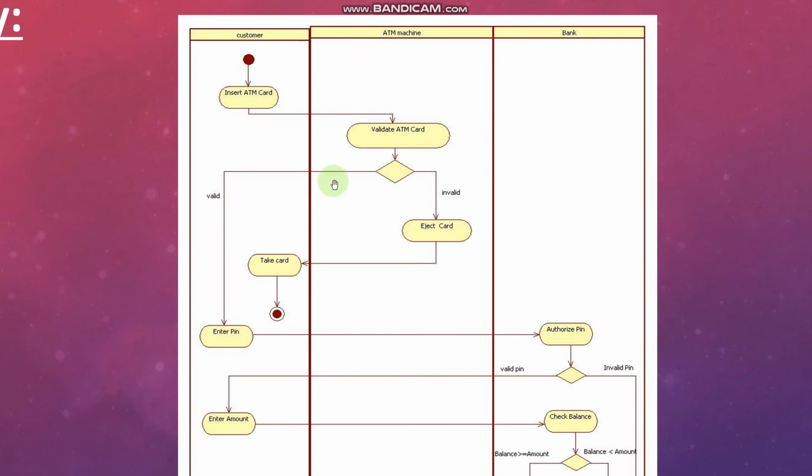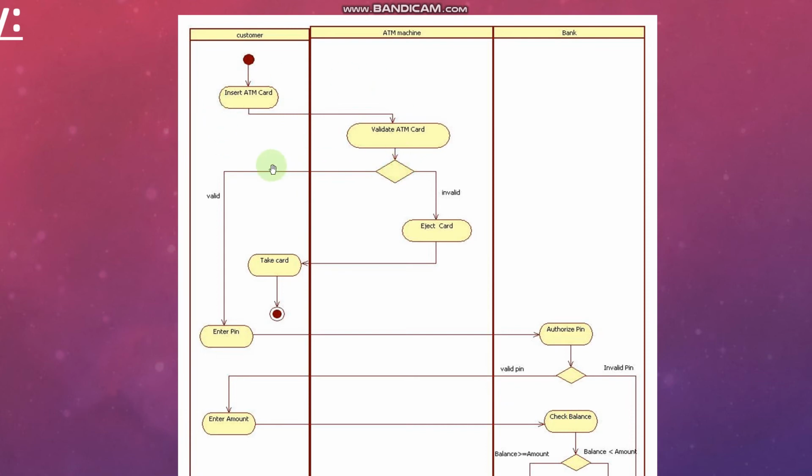This represents that the activity performed by that role must be included in its lane. That is, as we can see in this vertical column, validate ATM card is the activity performed by the ATM machine, so this activity is included in this lane. And after it, a decision diamond is included, considering the two possibilities, whether the ATM card is valid or not.